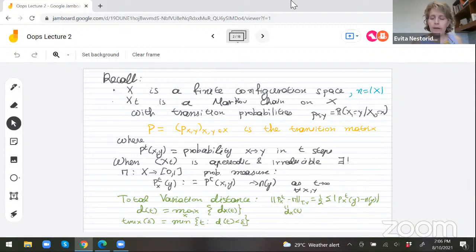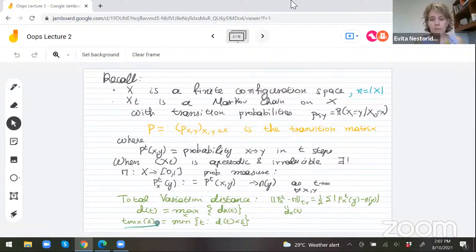Finally, the last thing that I'm going to need from yesterday's lecture is the total variation distance, which is defined as 1/2 the L1 distance between these two probability measures. When we fix the starting point x, we can call this d_x(t), but usually we like to take the worst case starting point by maximizing the total variation distance over all starting configurations.